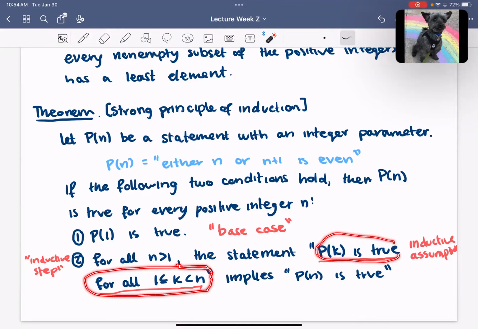That's useful in many scenarios, and often enough to get things going. But in graph theory, it's going to be easier for us to assume this. But like I said before, one is not stronger than the other, they're equivalent. But often for us, it's going to be easier to have this as our inductive assumption. Okay, before I jump into the proof of this, are there questions?